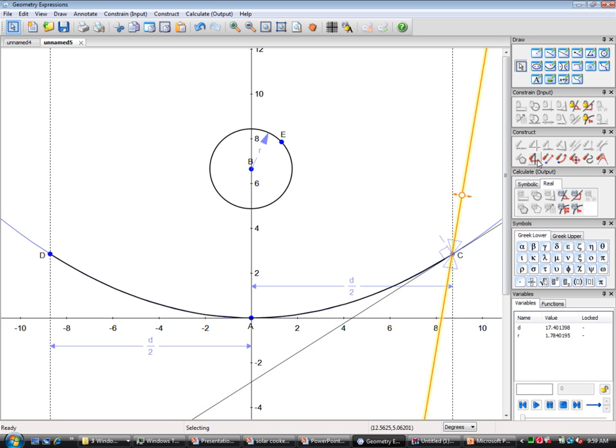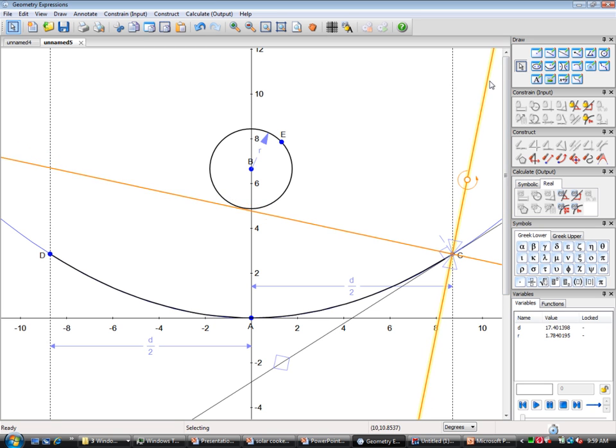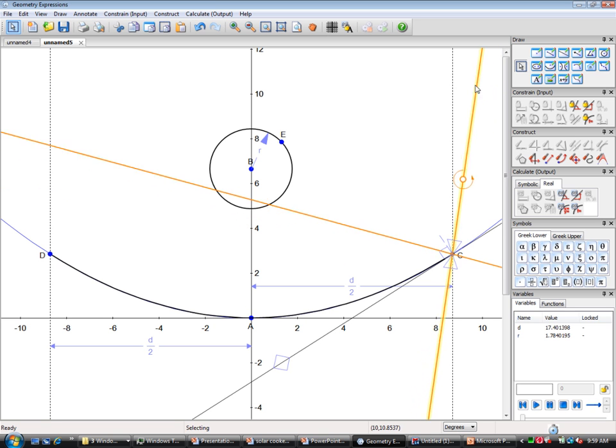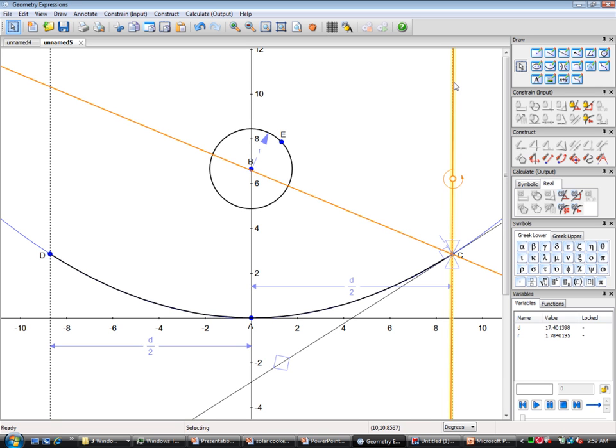And let's now reflect the ray of light in the tangent. We can see that if the ray of light is coming in vertically, it goes right through the focus.